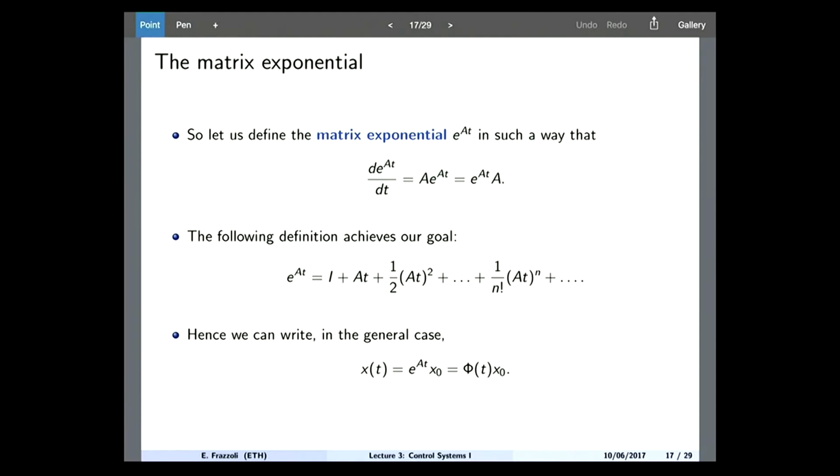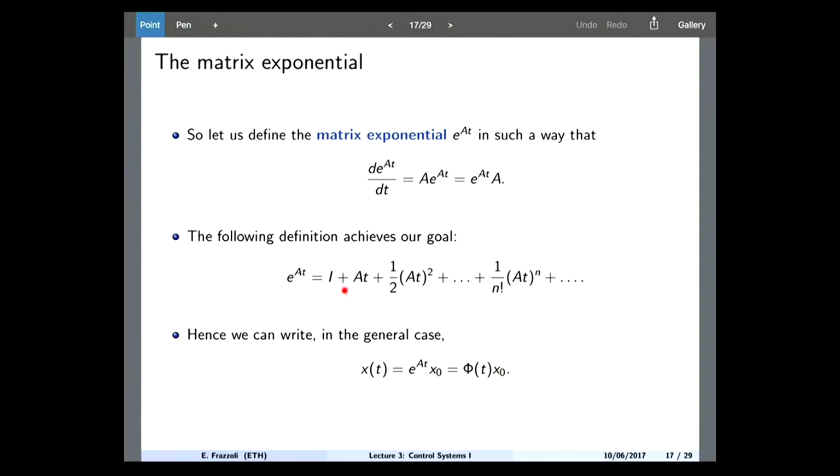Now, remember the Taylor series expansion of the scalar exponential. What I will do is define my matrix exponential as a sum that looks very much like the Taylor series expansion of the scalar exponential. So e to the power At, where A is a matrix, will be given by, notice that this is the identity, not the number 1.